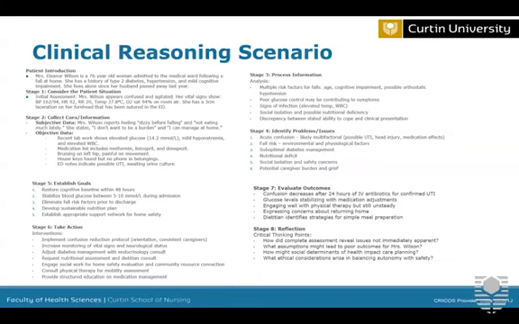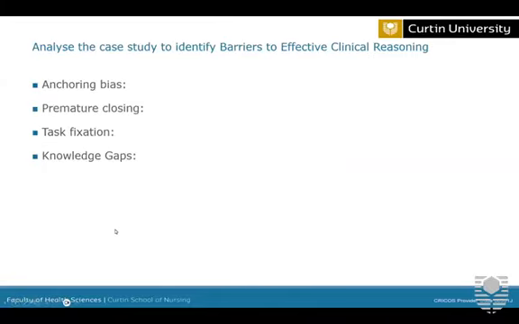Okay, so now that you've reactivated the video, what I would like you to do is to analyse the previous case study to identify barriers to effective clinical reasoning. And I've given you some clues around these: there is evidence, these are the potential barriers that have been applied to this case, and this is what I would like you to report on.